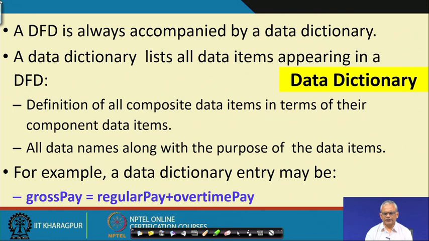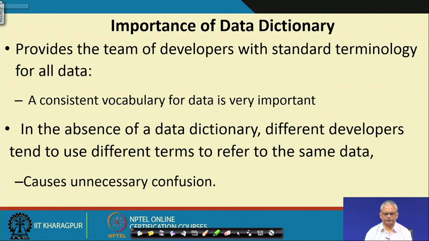So, that by looking at the data dictionary we should be clear about the meaning of the data that appear on various DFDs. The data dictionary is a very valuable document that is produced during structured analysis. The team members refer to the various data using the name and the decomposition given in the data dictionary.